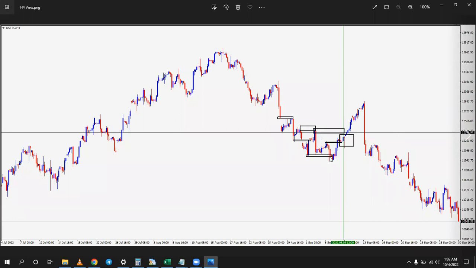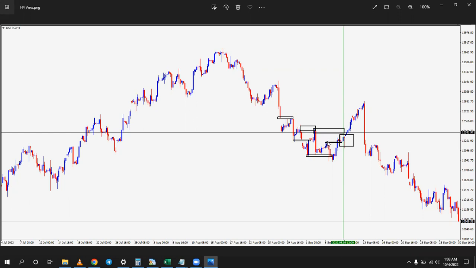Notice the previous day we placed a buy trade, anticipating that price would reverse from that zone there, right? But price kept on pushing up and broke that level there.